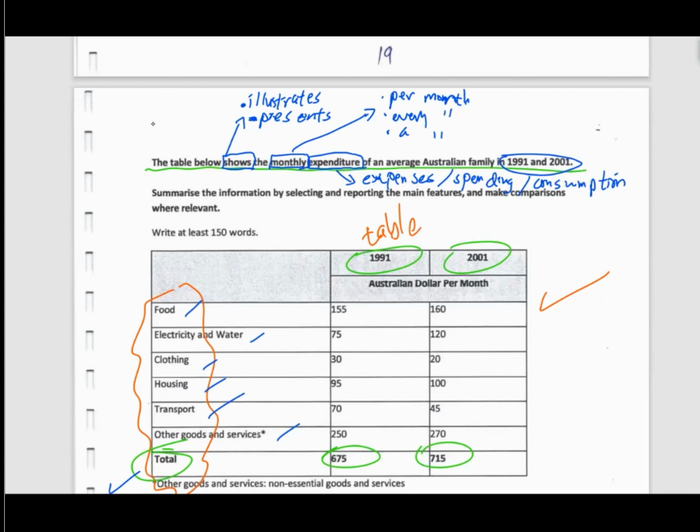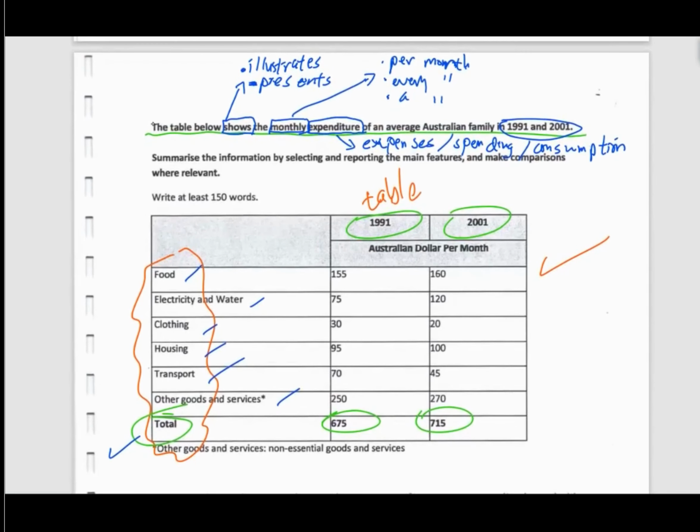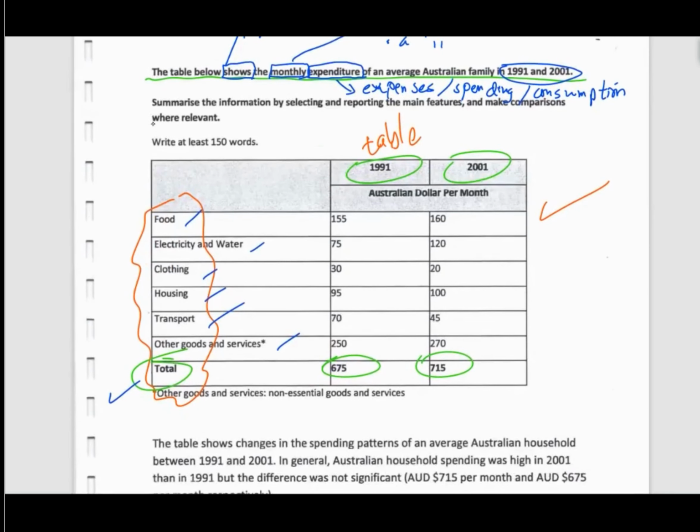Different words, okay? So that's enough if you want to use synonyms. You can change the sentence from active to passive if you want also, or you can change one word form.